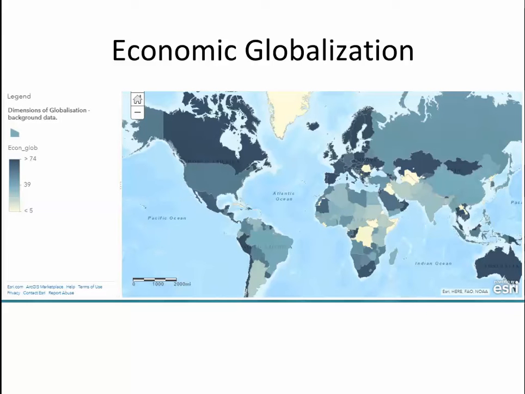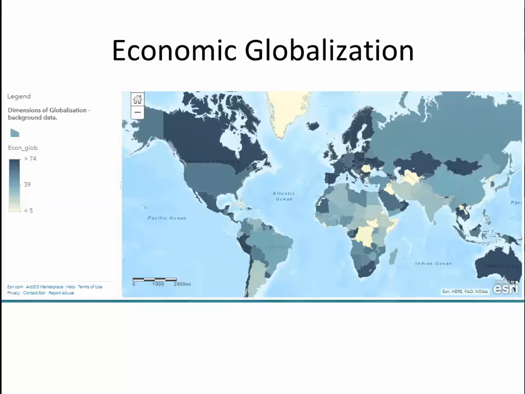When we talk about economic integration or economic globalization, that means how do our markets, in other words, where do we buy, where do we sell, where do we produce, how are economics integrated? And interestingly enough, the United States is not as highly integrated in the global economy as one might think. In part, that's because, and you'll notice that both India and China are also not as integrated.